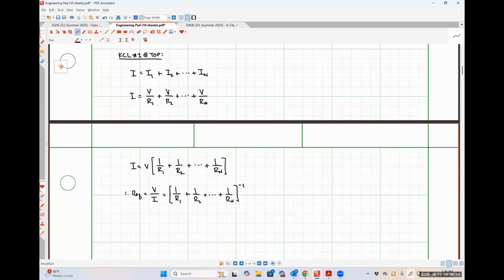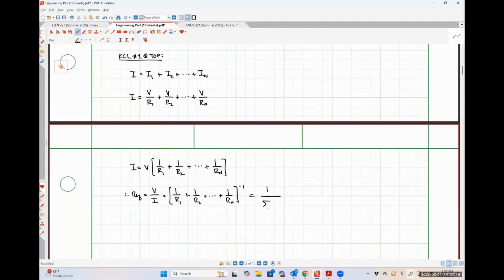So it's really just 1 over the quantity 1 over R1 plus 1 over R2 all the way out to 1 over Rn. In a more succinct form using summation notation, we would see that REQ is going to be 1 over the sum from i equals 1 to N of 1 over R sub i.